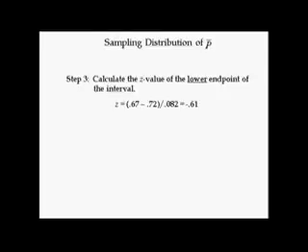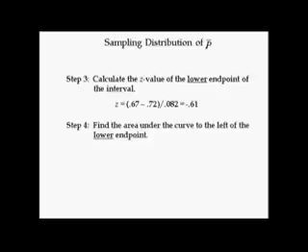One is above the population proportion, while the other is below it. In step 4, we find the area under the curve to the left of the lower endpoint, 0.67. Because the probability that z is greater than 0.61 is 0.2709, by symmetry, the probability that z is less than negative 0.61 is 0.2709.